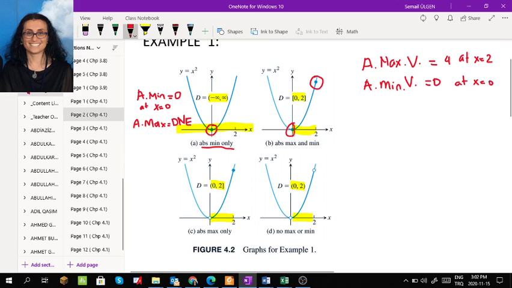So we have both of them. Now let's get the third one down here. Here we have an absolute max but no absolute min. Only absolute max, because this endpoint is not included. No absolute min.